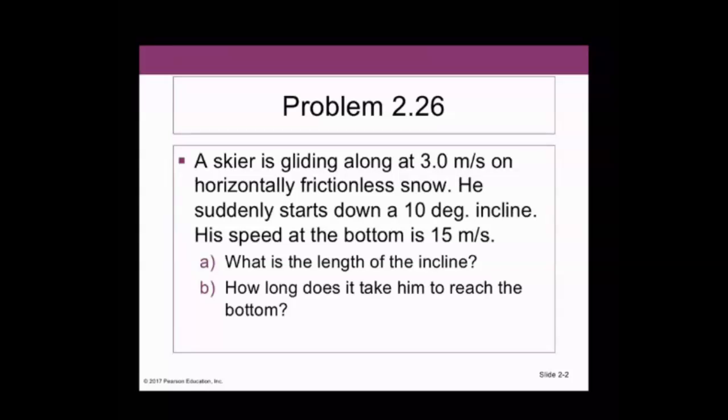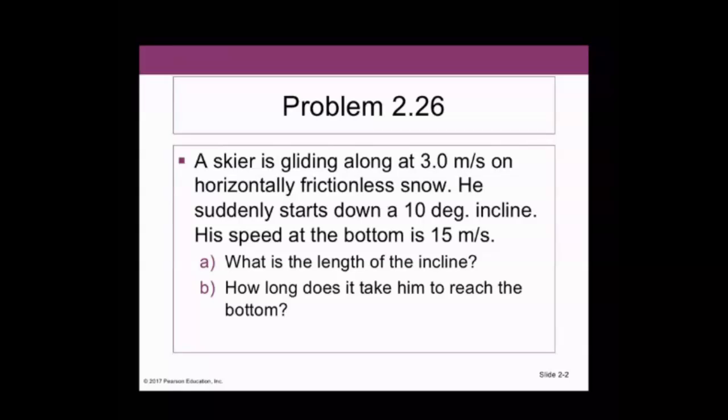So let's apply the things that we learned from the previous slide in this problem 2.26. In this problem, a skier is sliding along at 3 meters per second on horizontal frictionless snow.